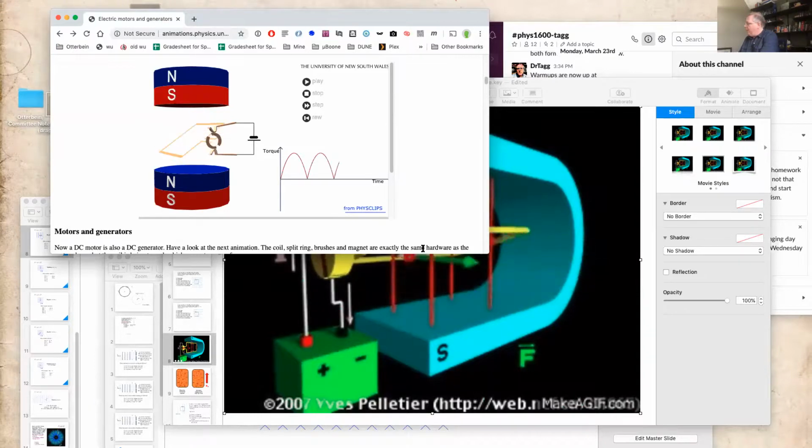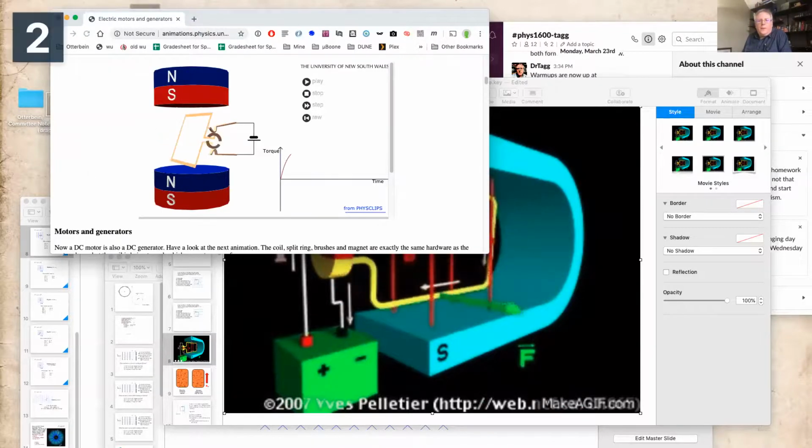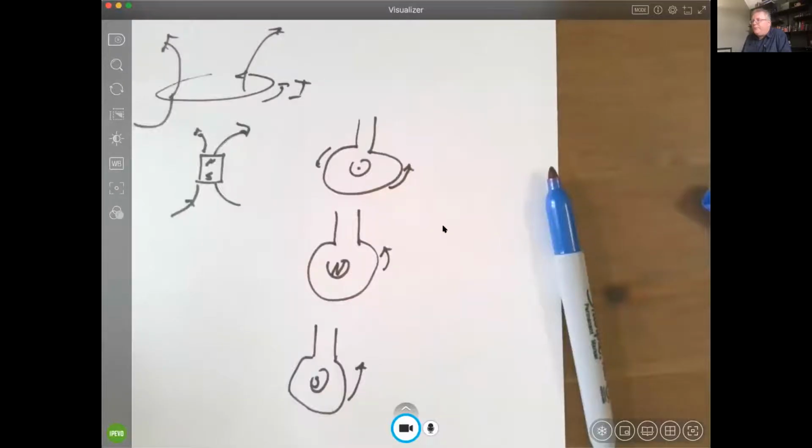If we run the current the other way, that creates a little magnet with the South Pole on our side. So another way of looking at what's going on in this, oh, sorry, you guys have to tell me, I'm drawing pictures. I always forget what you can see and what you can't see. Let me go back to the visualizer.